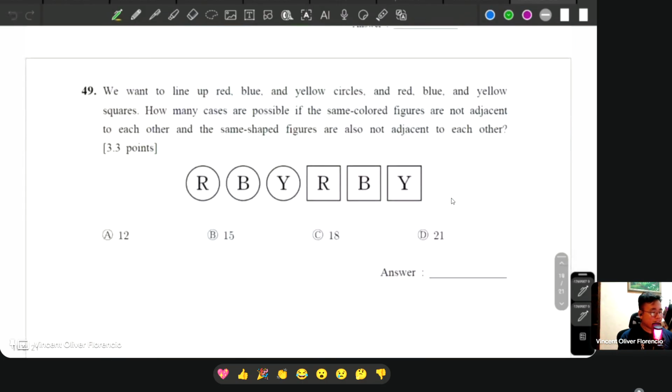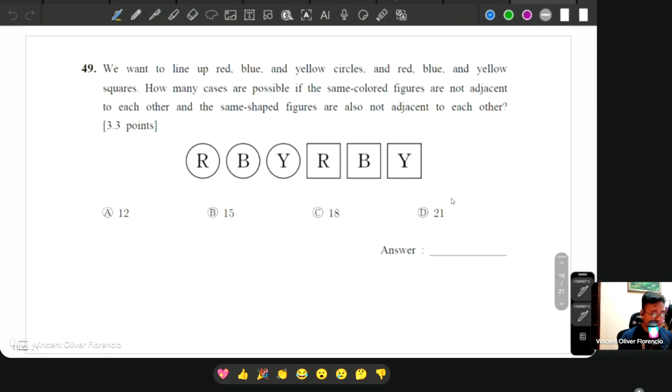49. This one is also a very challenging question. You can read the question first, and pause the video to analyze on your own. If you're done, just continue the video.